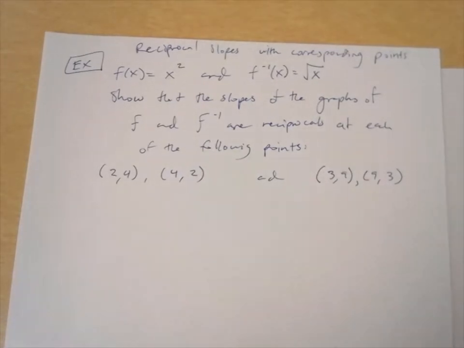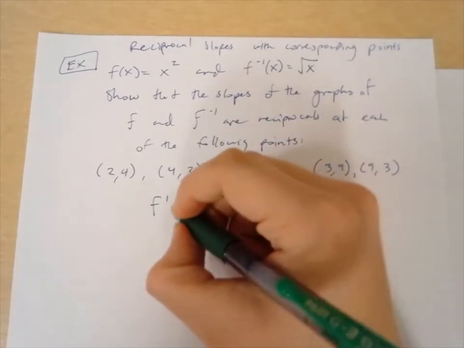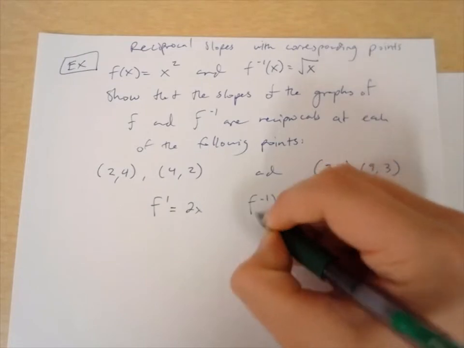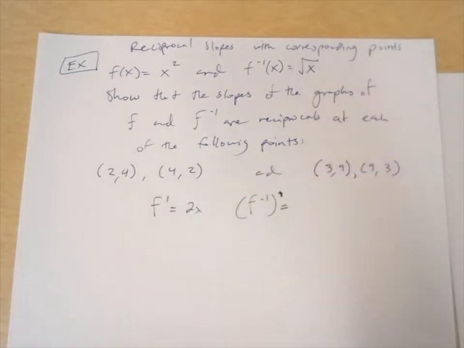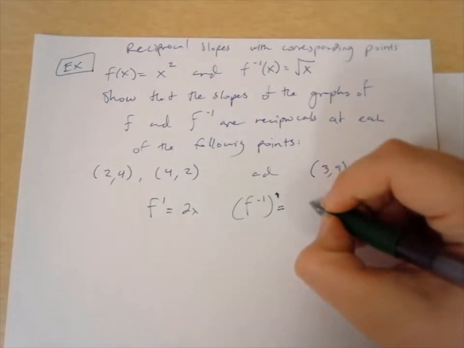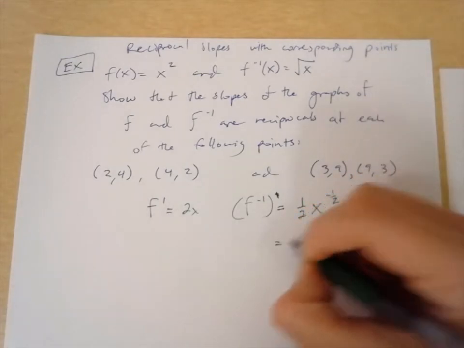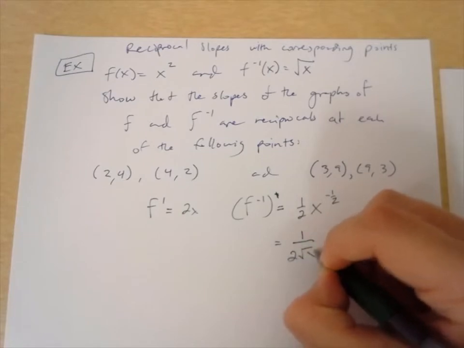To start this question off, it's going to be important that we understand what the derivatives of both of these functions are. So let's quickly identify f prime to be 2x, and f to the negative 1 prime would be, by the power rule, 1/2 x to the negative 1/2, which would be 1 over 2 square root of x.